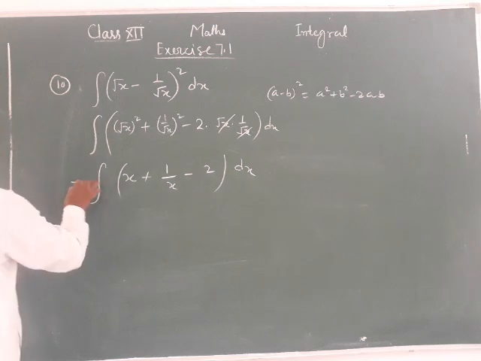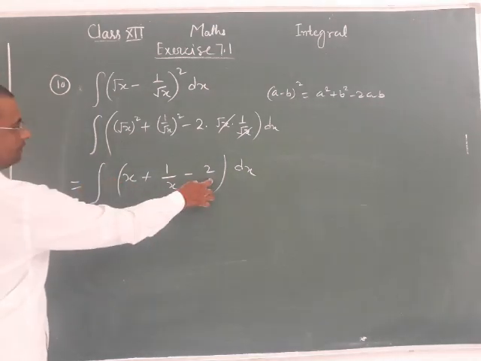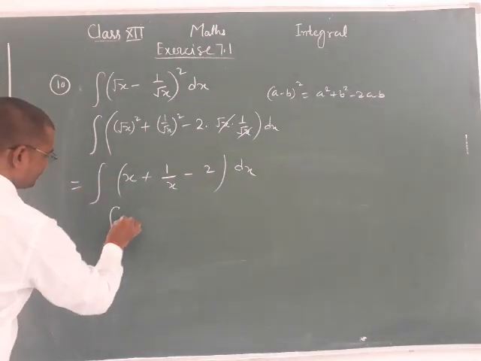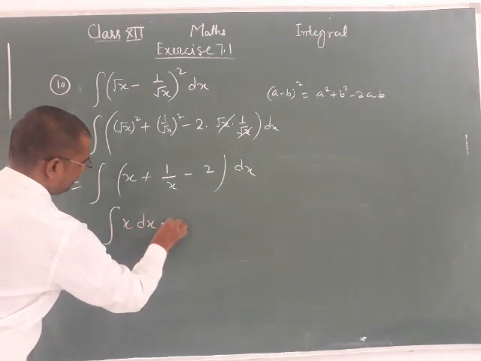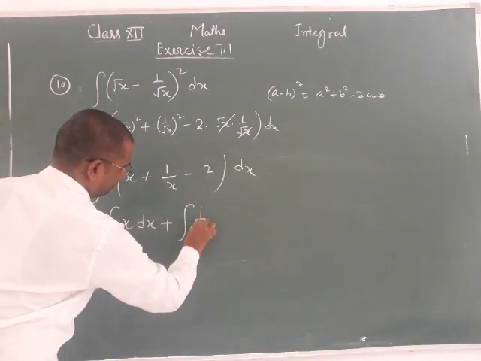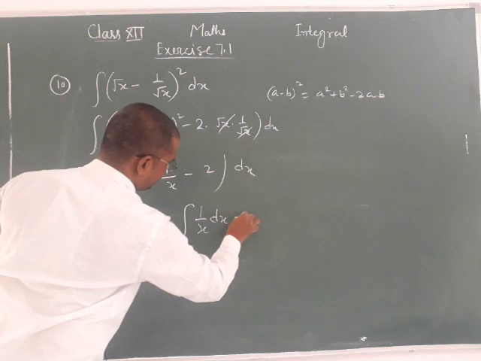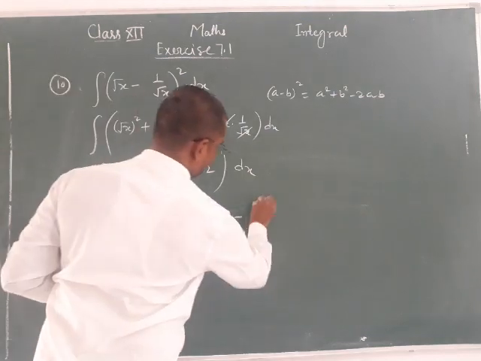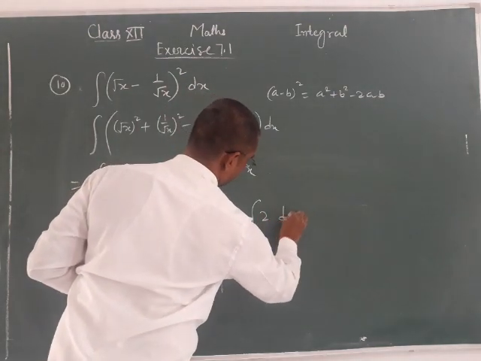So this bracket integration: root squared cancels out to x, 1 upon root x squared gives 1 upon x, and root x cancels out with 1 upon root x, minus 2, dx. So multiply integration in this function. So integration of x dx plus integration of 1 upon x dx minus integration of 2 dx.